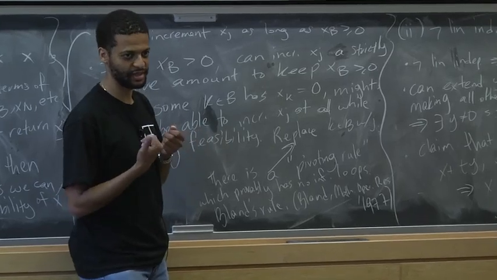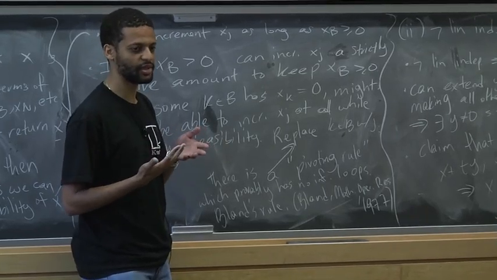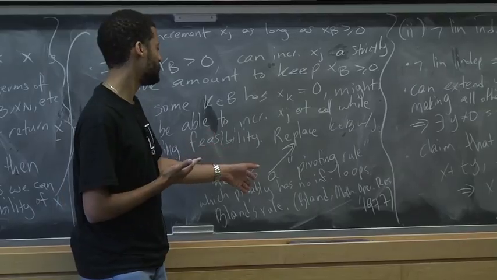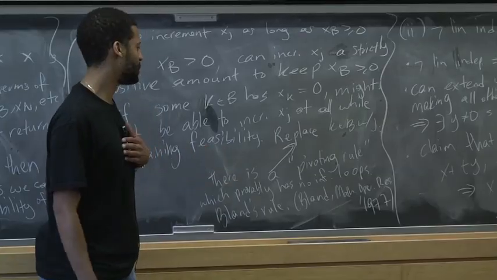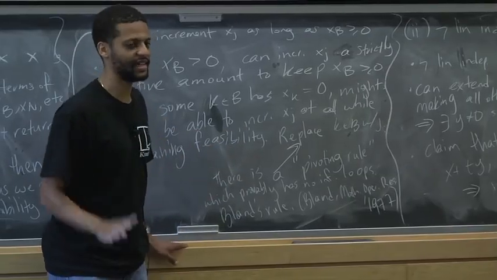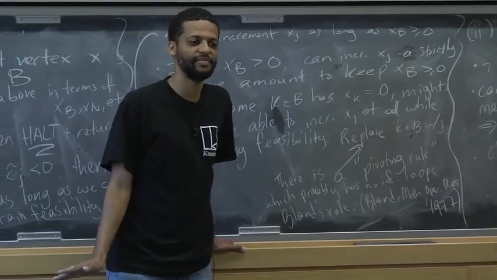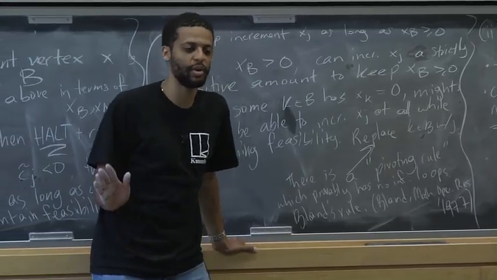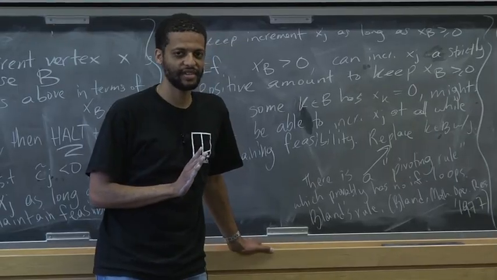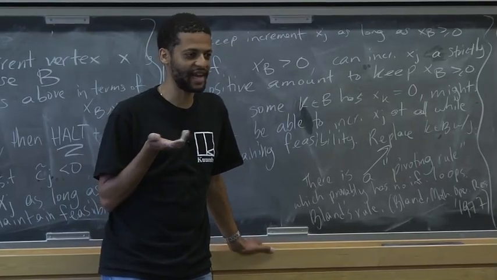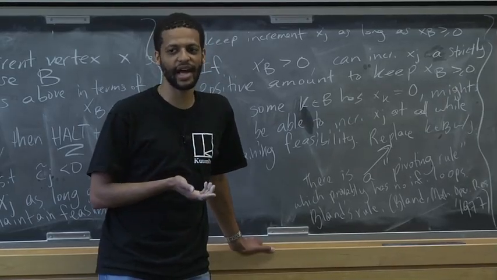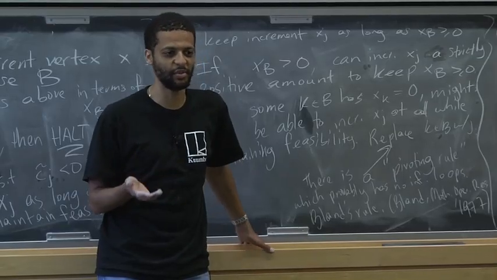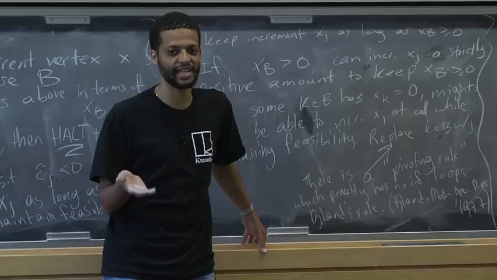So these are called pivoting rules. And there are many pivoting rules that people use. Some provably halt, and some can get into infinite loops. But there is no known pivoting rule that takes less than exponential time. Okay, there's none that takes polynomial time. So no implementation of simplex is actually fast, theoretically, but they are fast in practice on real LPs that people want to solve. So people use simplex anyway.